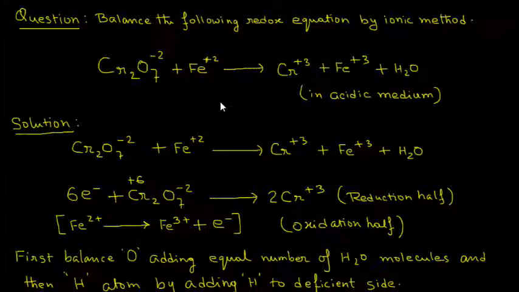Cr2O7 2 minus plus 6 electrons gives 2Cr 3 plus. This is the reduction half. And the oxidation half, Fe2 plus gives Fe3 plus plus 1 electron. This is the oxidation half.